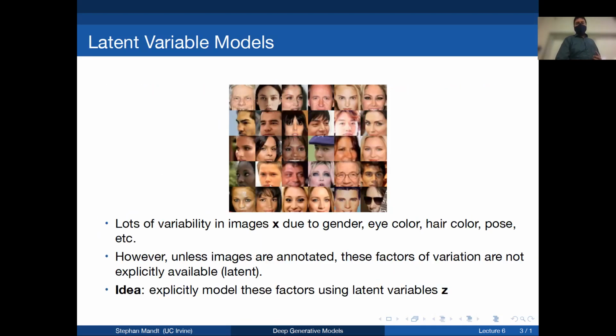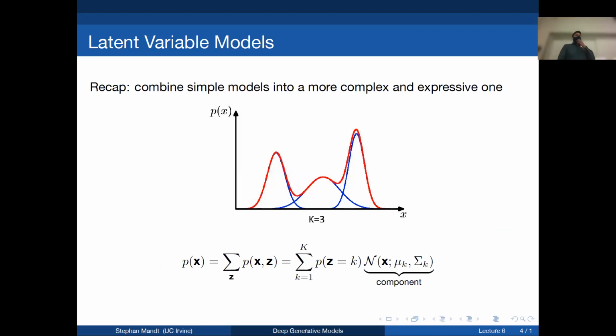And just as a reminder, part of the reason why latent variables are so powerful is that they can be thought of as causing very high dimensional mixtures. They correspond to mixture distributions in very high dimensional spaces. What you see here is a mixture of 3 different Gaussians, the blue curves.